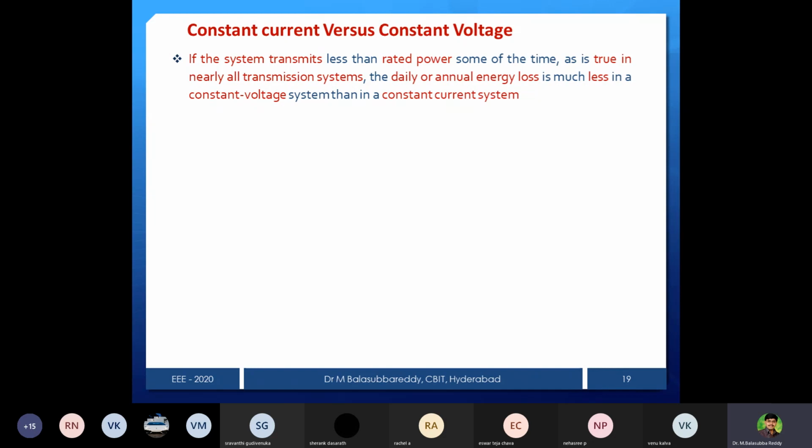When you perform the load flow, we can notice which line is carrying less power, and in that line, that is one of the options, not in all cases.